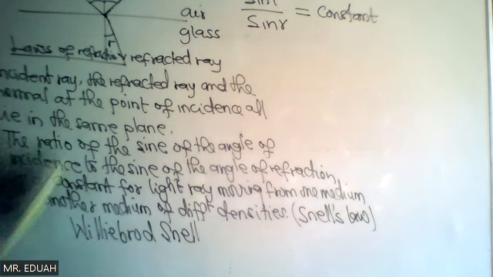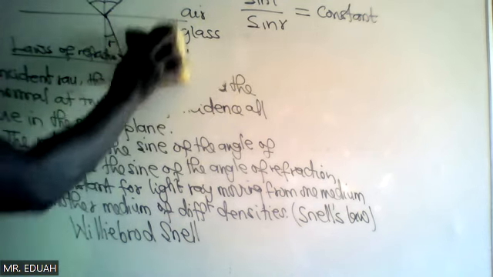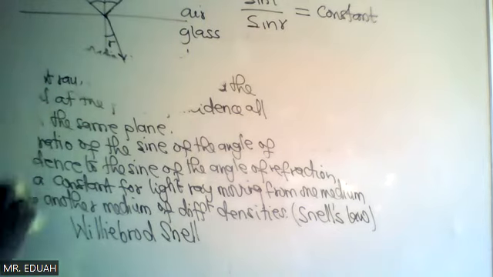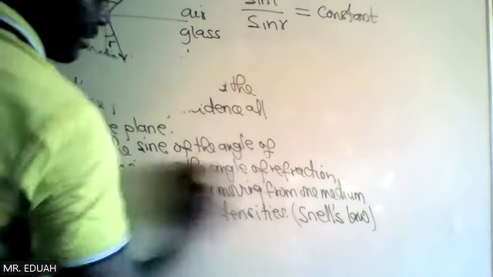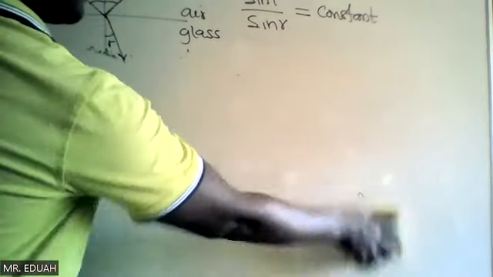Under reflection of light, we learn something about deviation, the angle of deviation.